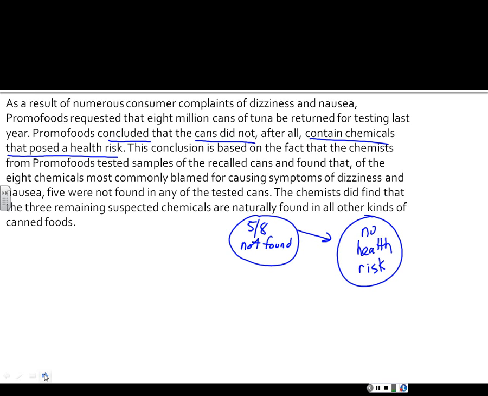They also say that three of the other 8 chemicals are found in all canned foods. That's 3 of 8.